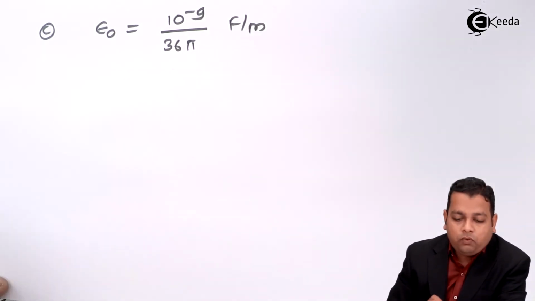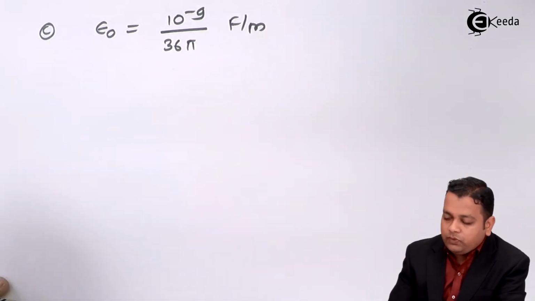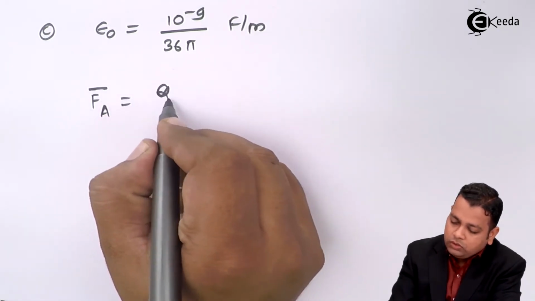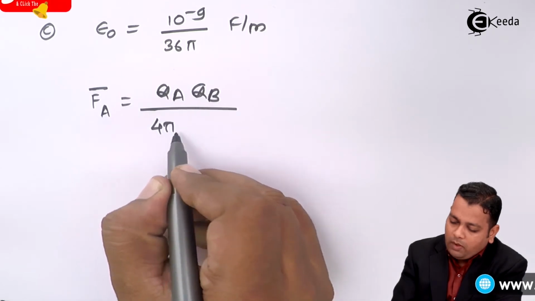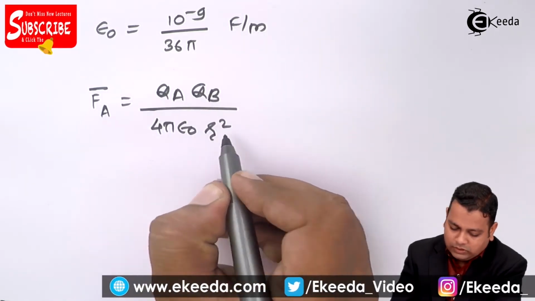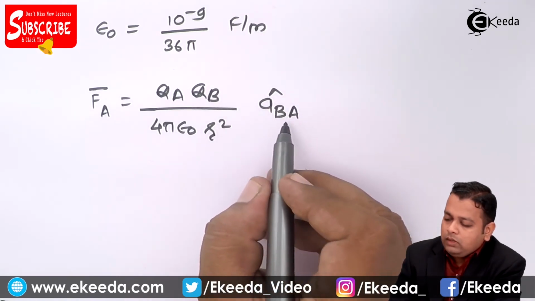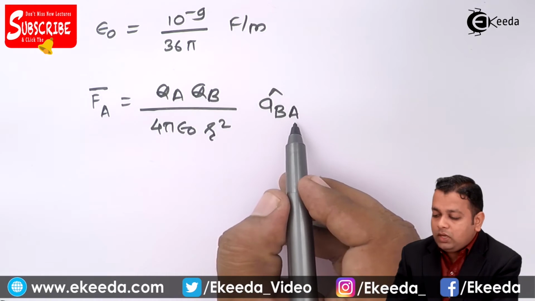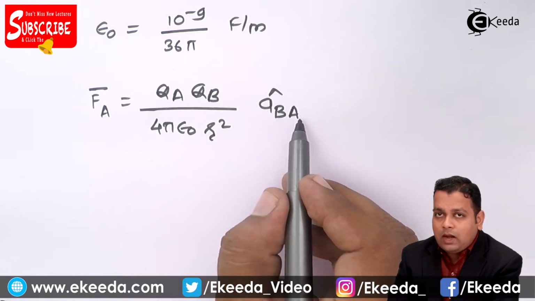Now the vector force is exerted on QA by QB. That is why we write FA bar is equal to QA into QB upon 4 pi epsilon 0 r square. Unit vector is given A suffix BA cap as it is exerted on QA by QB. So it is starting at B and ending at A.